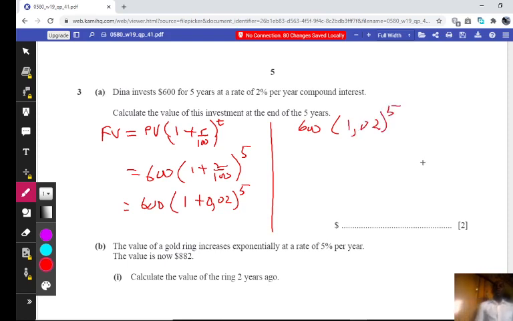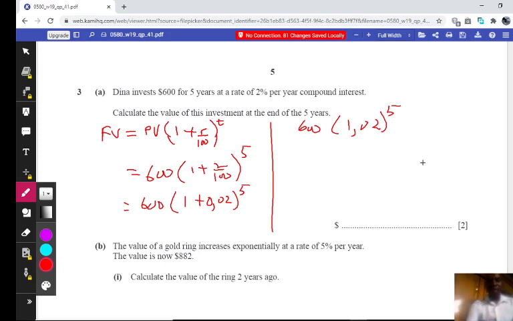Right, so first thing, if you want to punch it in your calculator, first you say 1.02 to the power 5. You don't start with 600. That's what you do to avoid errors. Then after that, you get your answer and you say times 600.